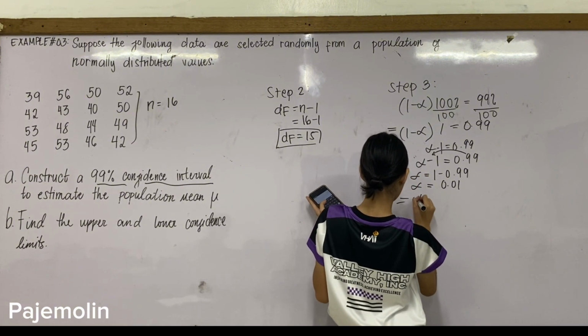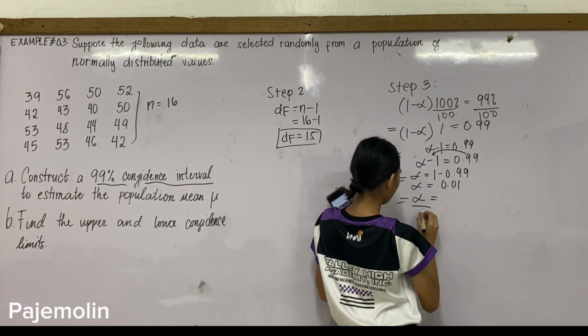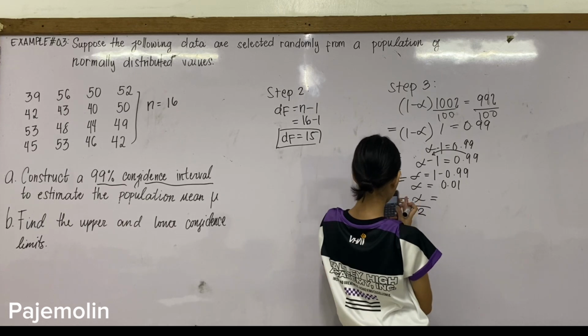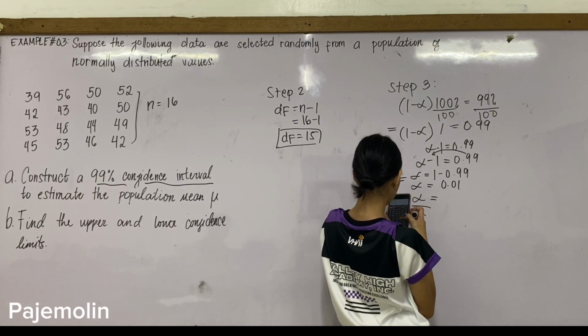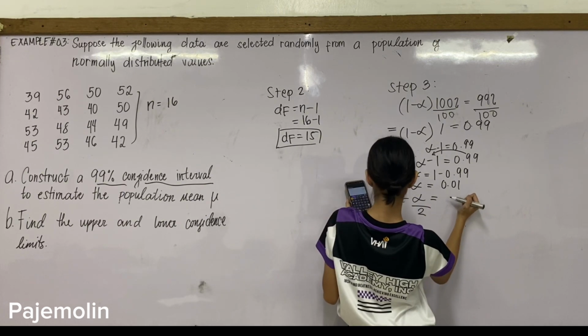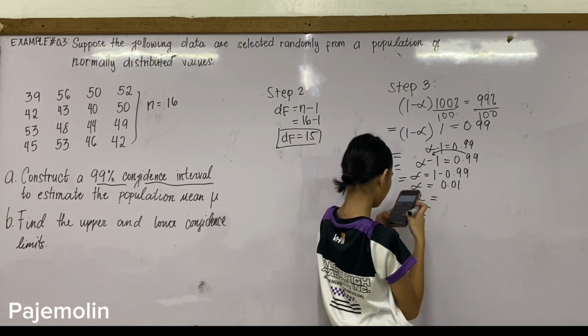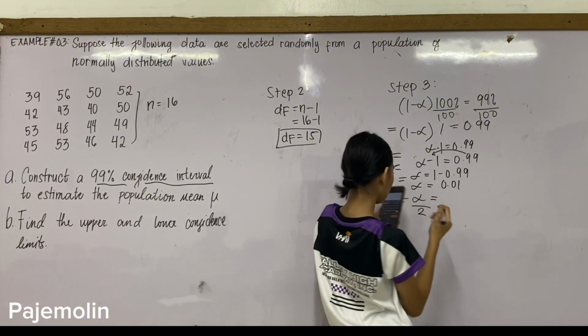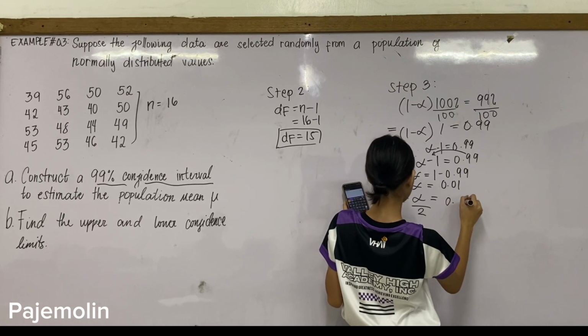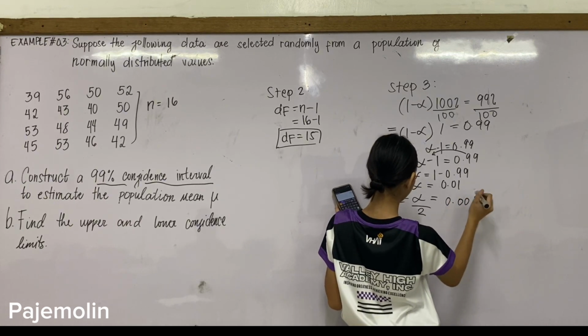And then we have to divide it by 2. 0.01 divided by 2 is 0.005.